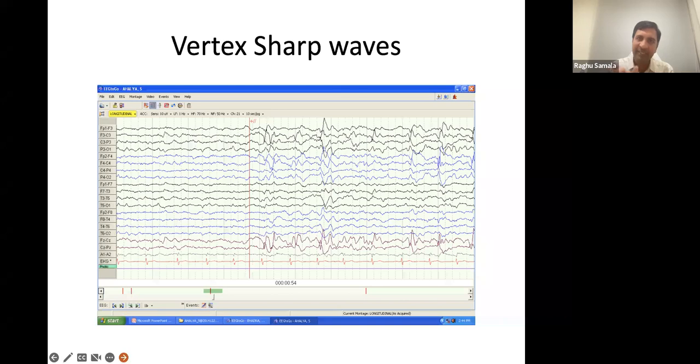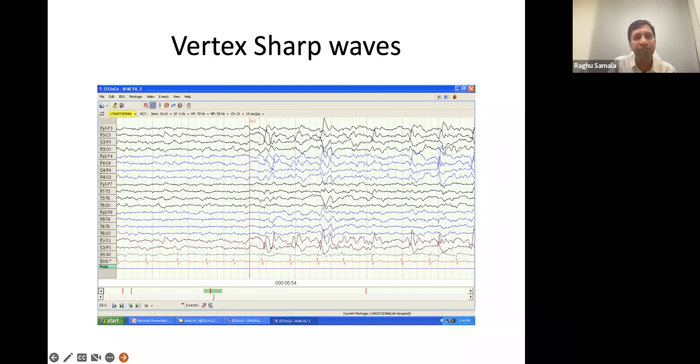Whether the duration is less than 200 milliseconds or more than 200 milliseconds, there is no difference between spike or sharp; they denote the same. So vertex sharp waves, even though we call them sharp waves, are not epileptic. These are normal-appearing waves which come at the vertex. They look like sharps, but they are not epileptic.